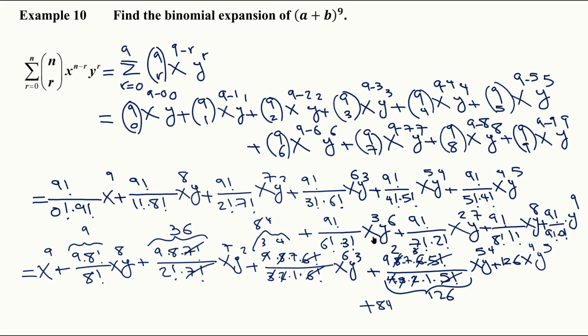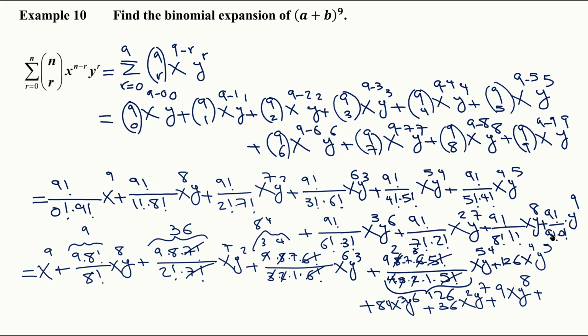And it's going to be x cubed y to the 6 and then plus, we've computed this one before right here, so that's 36 x squared y to the 7 plus, we've computed this one before over here, that's 9, and finally we know what that last one is, right?